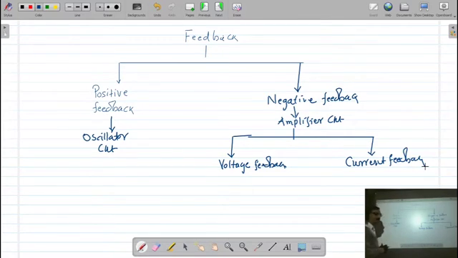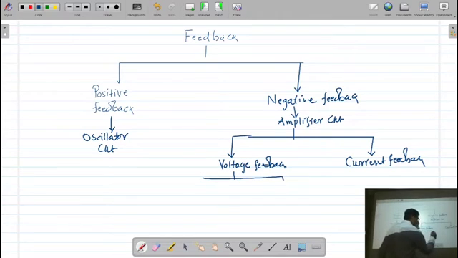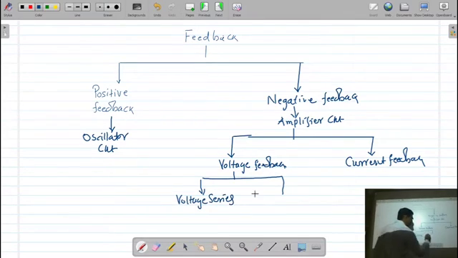Now again in voltage feedback, the fraction of the output voltage can be connected in series with the input signal, or in parallel to the input signal. According to that connection we have two types of voltage feedback, known as voltage series feedback and voltage shunt feedback.